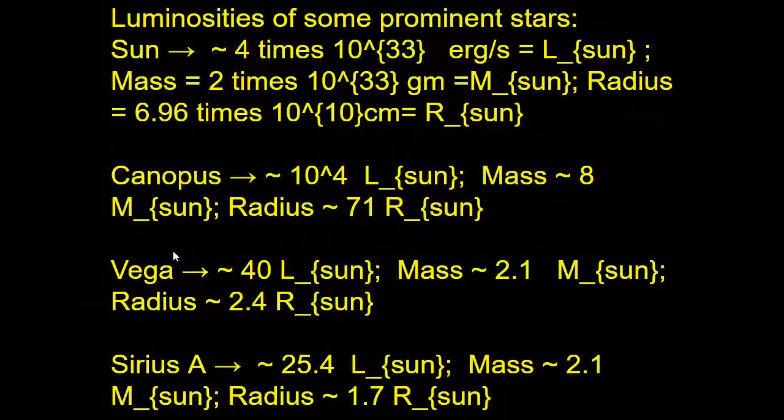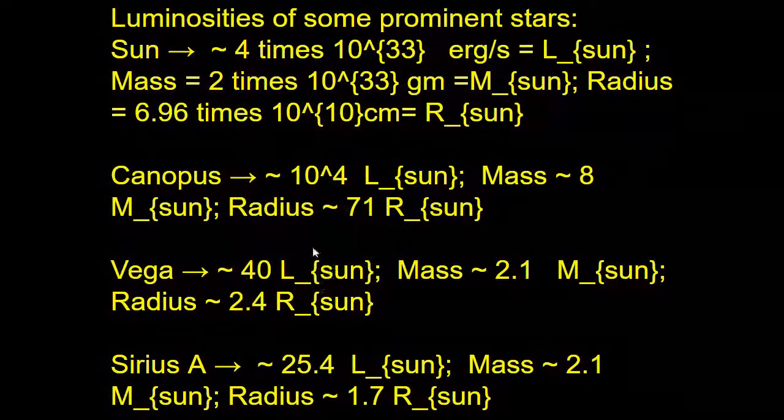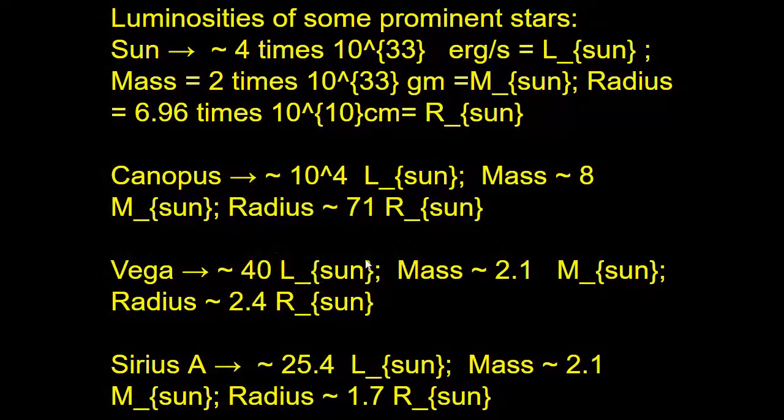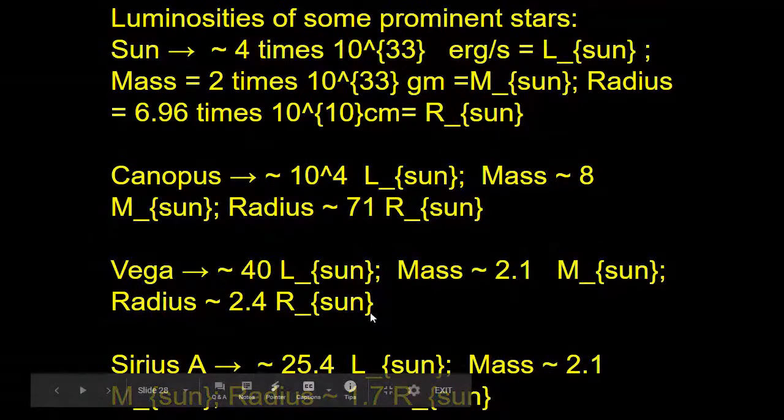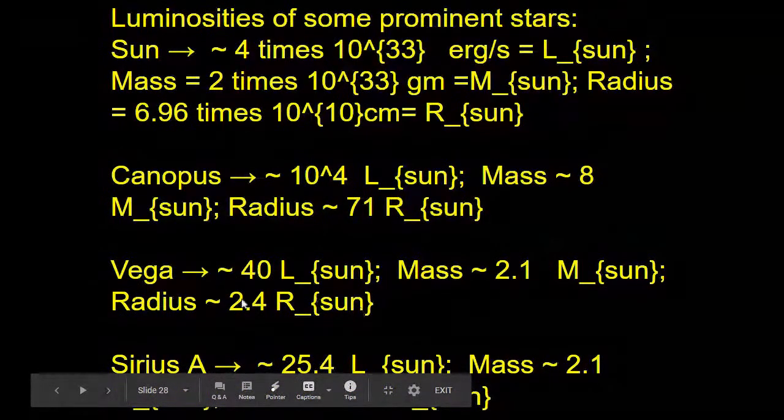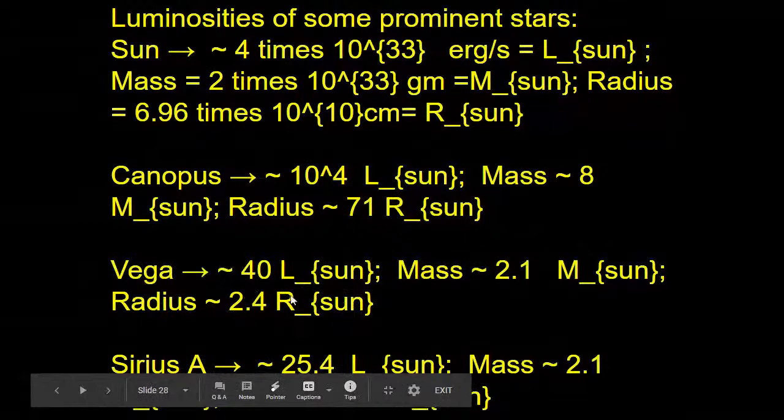Another star, Vega, is 40 times more luminous than Sun, and its mass is about 2.1 times solar mass, and radius is 2.4 times solar radius.